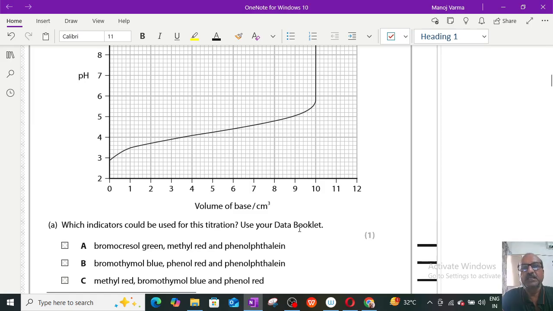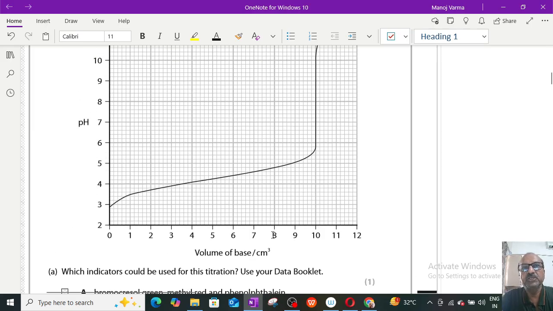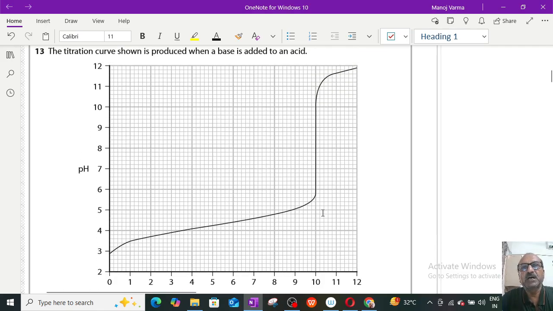Use your data booklet. The students should know that when we select the indicator, it is based on the pH range which happens at the end point. If you look at this titration curve, the vertical part of the curve indicates the pH change when the endpoint has occurred.